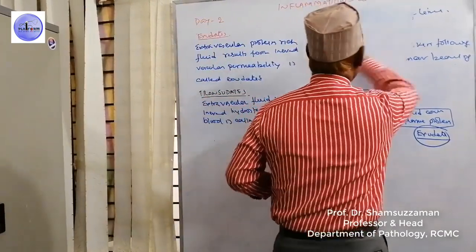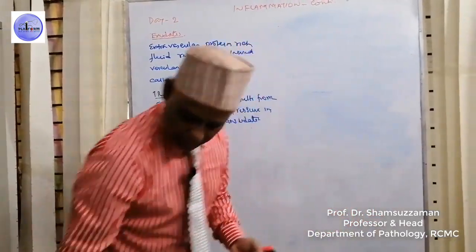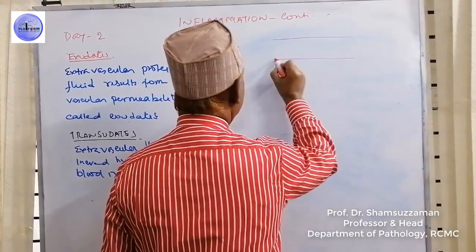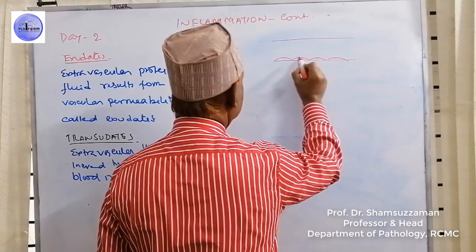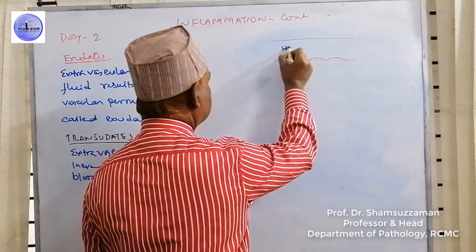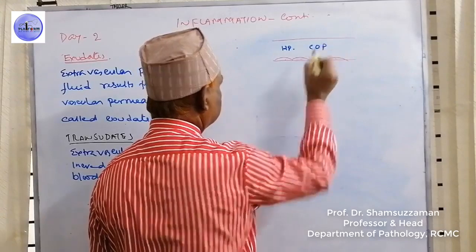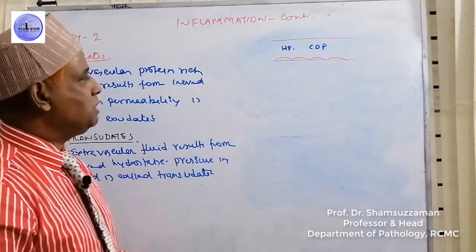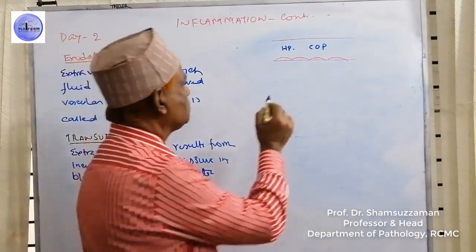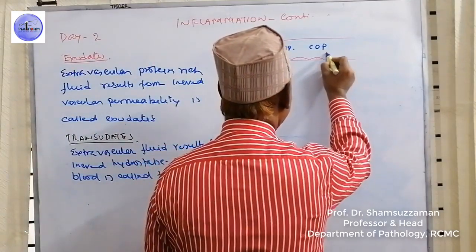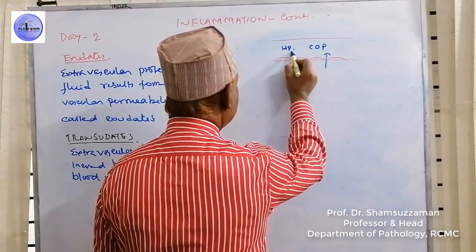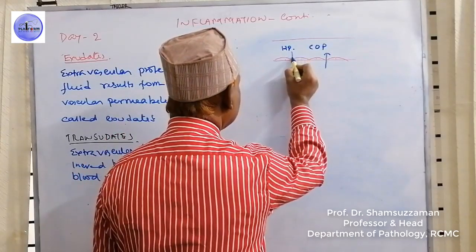Dear audience, you know, this is the blood vessel with the endothelial lining. Within the blood vessel there are two types of pressure. One is hydrostatic pressure, another is colloidal osmotic pressure. More than 80% of colloidal osmotic pressure is maintained by albumin, and this colloidal osmotic pressure draws water from outside to inside, while hydrostatic pressure has the opposite action, it throws water from inside to outside.